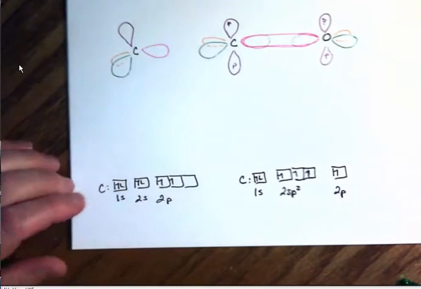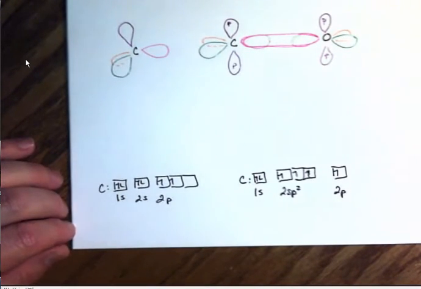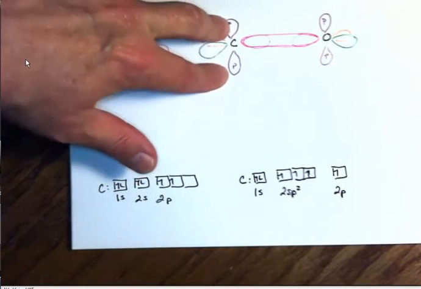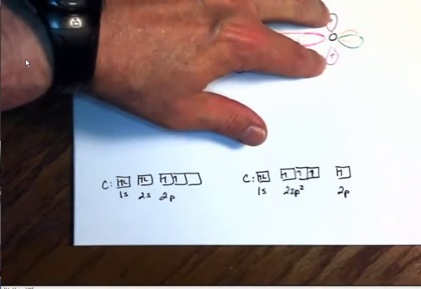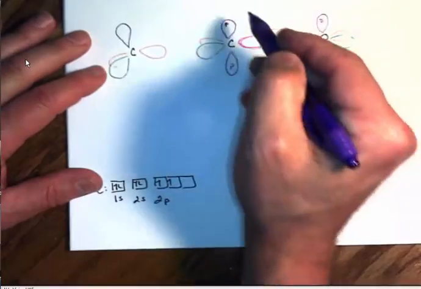Now, the double bond comes in because this p orbital here, which is in two parts, is going to reach out to the two parts of this p orbital. Okay? And they're going to join together.